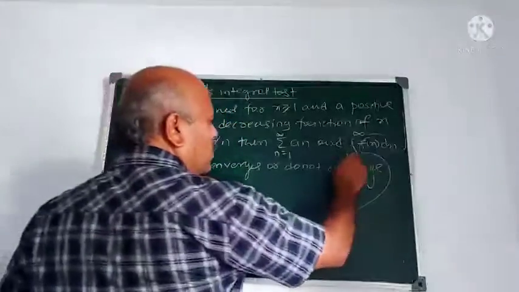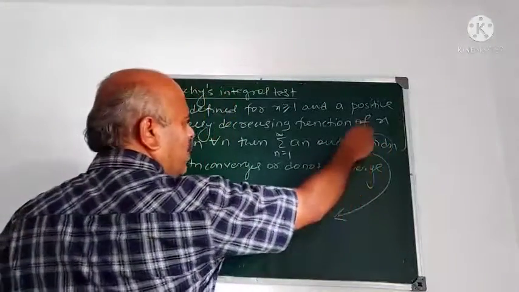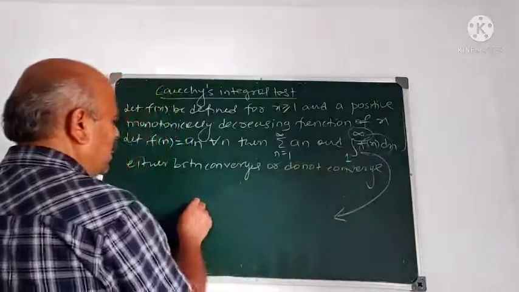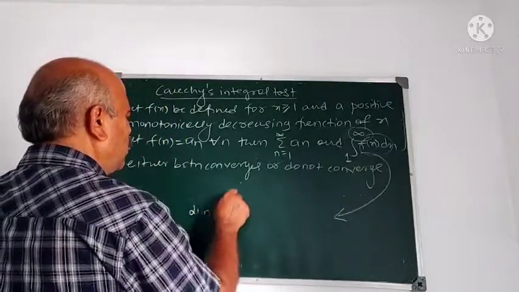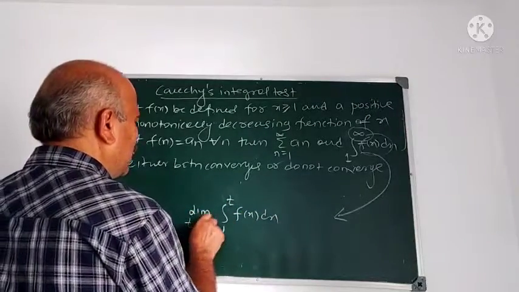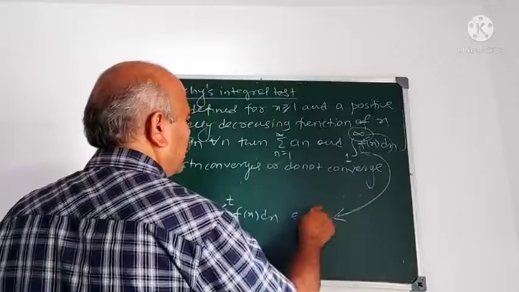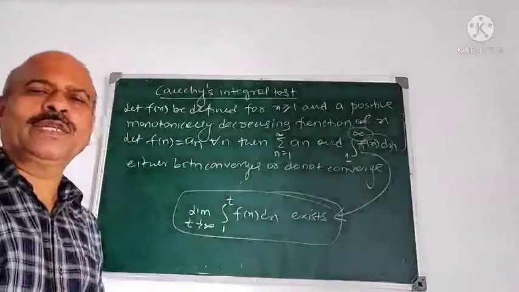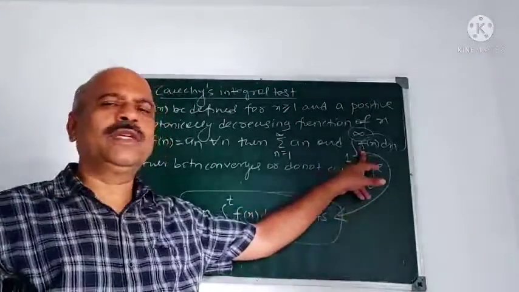Come to this, it is improper integral because this limit is infinite, and we say that this converges if limit of 1 to t f(x) dx as t tends to infinity exists. If this limit exists, then we say that this converges.